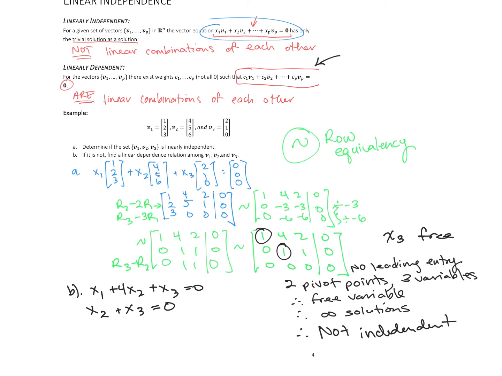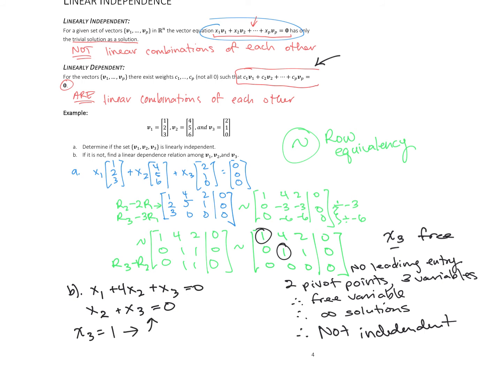Since x2 equals negative x3, okay, cool. So I'm going to pick a value for x3. I'm going to let x3 equal, we'll be nice and easy, 1.